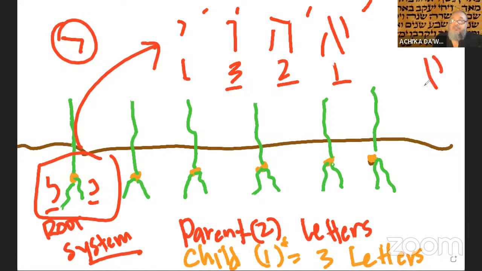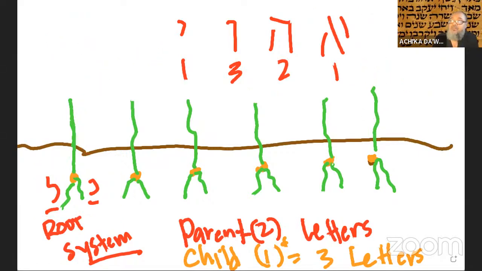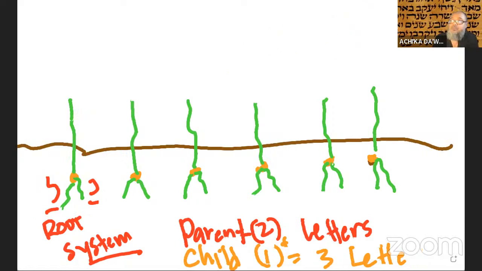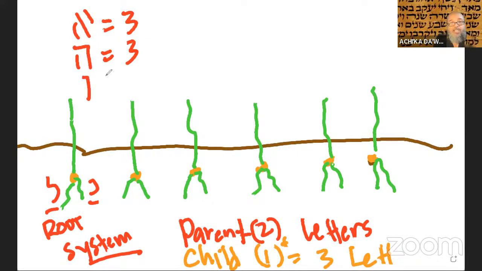They could be in the front like that. They could be on the end of a hay. They could do any of those things. So, because I can have the aleph in 3 different places, I can have the hay in 3 different locations, I can have the wa in 3 different places, and I can have the yod in 3 different places.